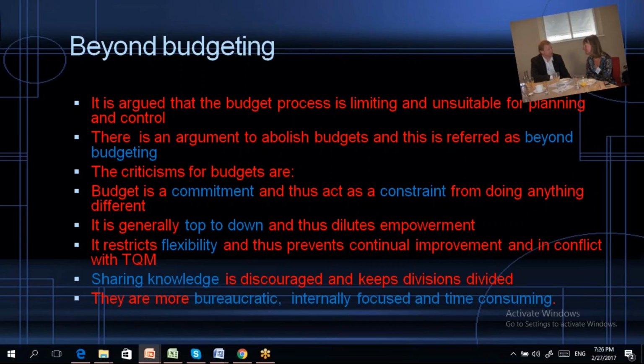So when you have a budget, your flexibility is restricted. And therefore, you can't do continuous improvement. You just have to produce the standard cost, standard product, and wait. So total quality management says continuous improvement. When you have a budget, you can't go for continuous improvement. And generally when you have budgets, you work in what we call divisionalized compartments.